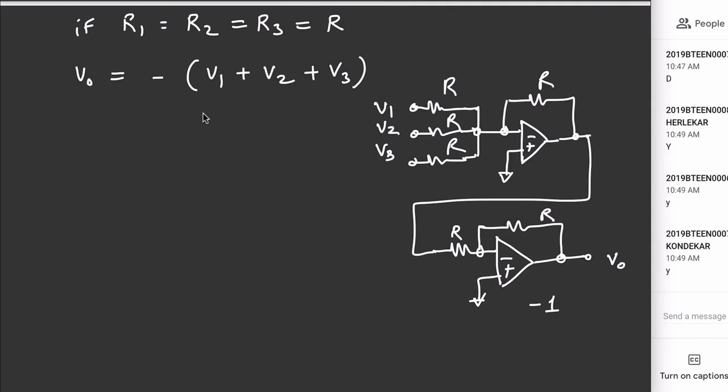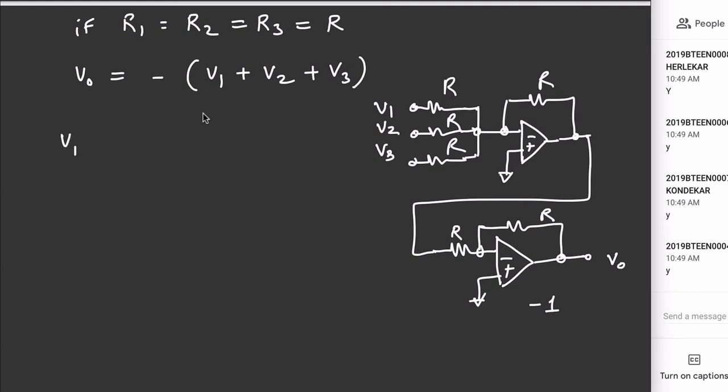Fine. Now let me ask you a question and then you will try to draw the waveform. See, if I give you static values like 2 volts, 3 volts, 4 volts, you can easily add that. That is not an issue. So let me give you something by which you will start thinking.